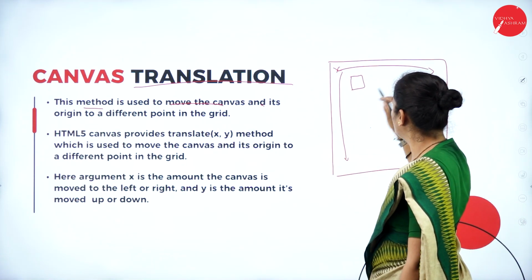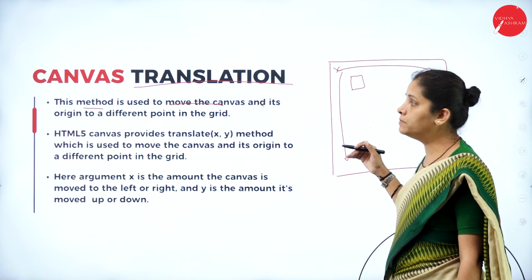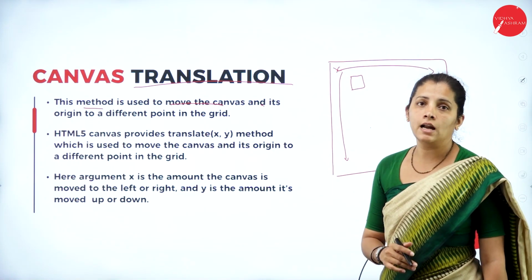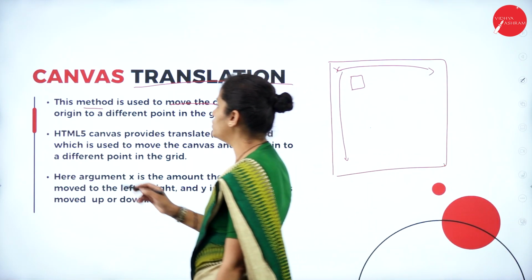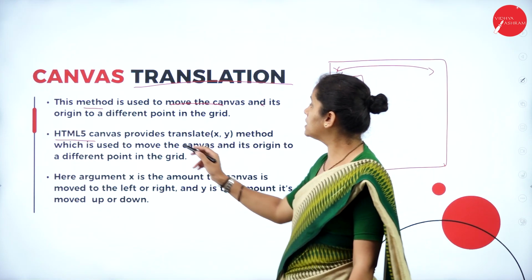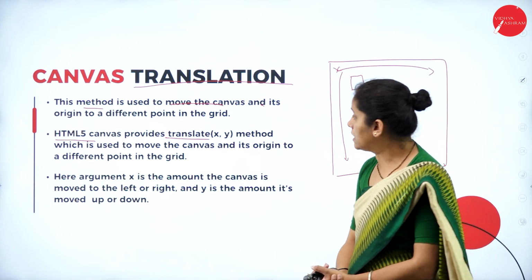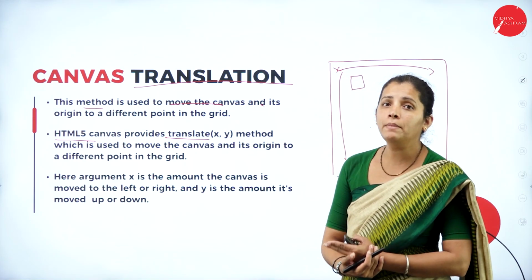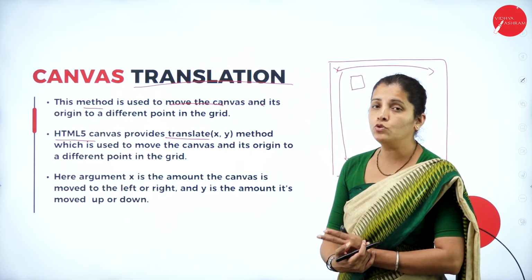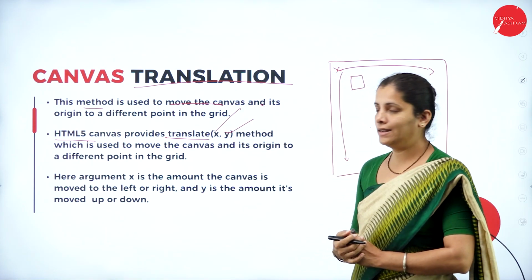If I want to move towards the x coordinate or towards the bottom, then I'll go with the translation. So HTML5 Canvas provides a method called translate. What is the method name here? Translate. How many parameters is it going to receive? Two parameters, x coordinate and y coordinate.